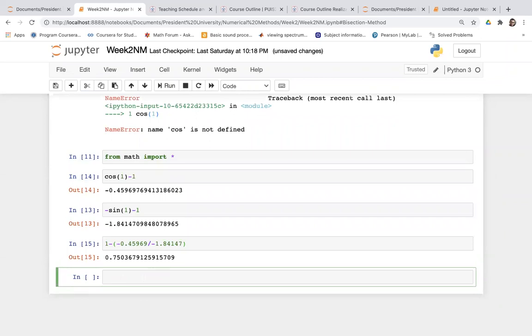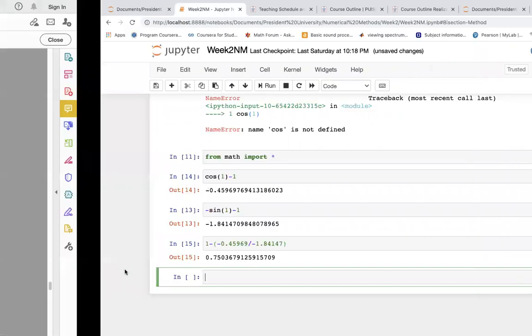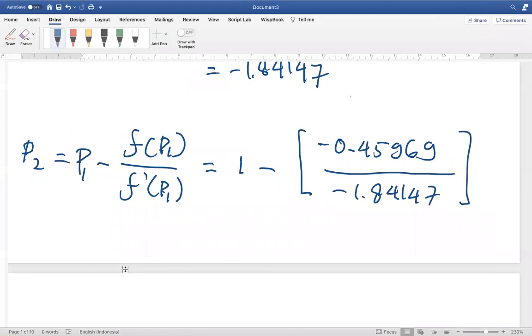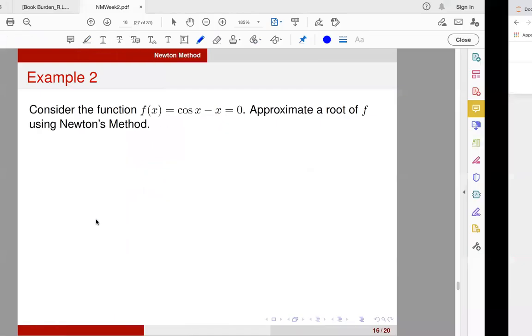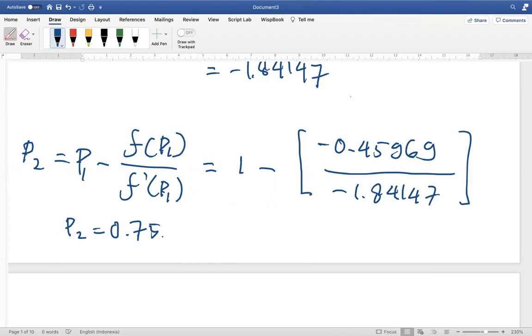So it's 0.75036. Okay, so this is p2, yeah.